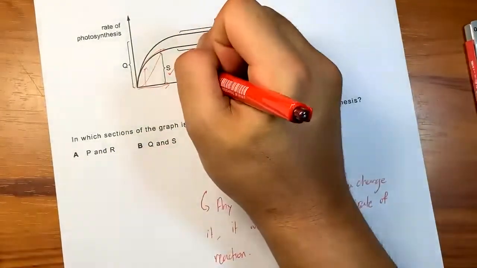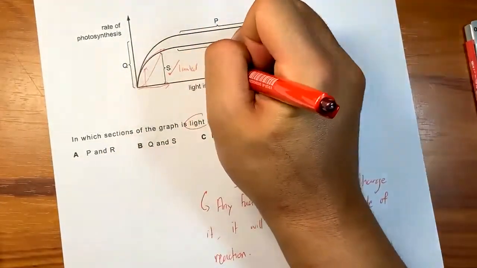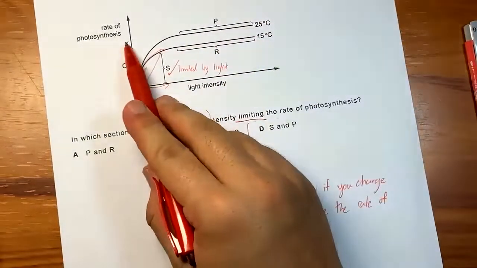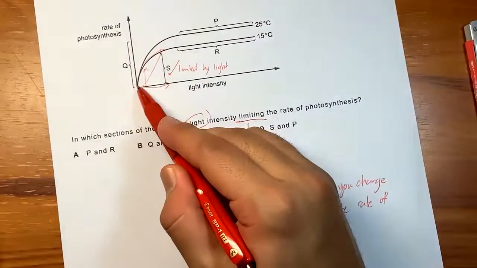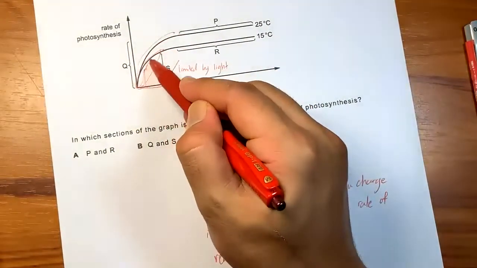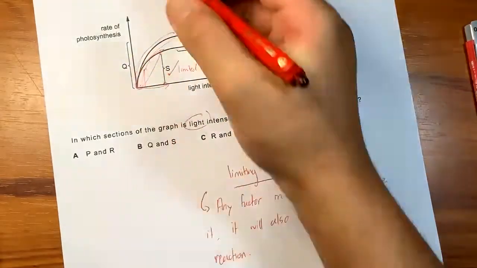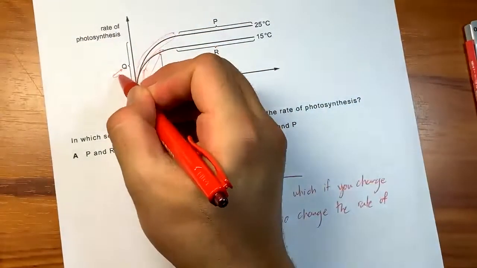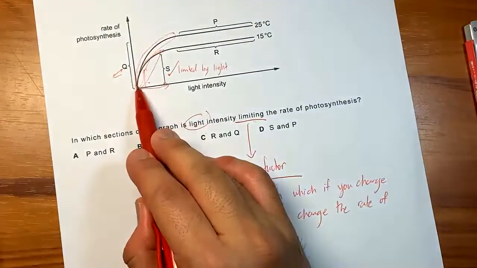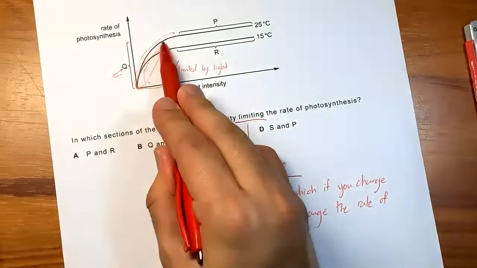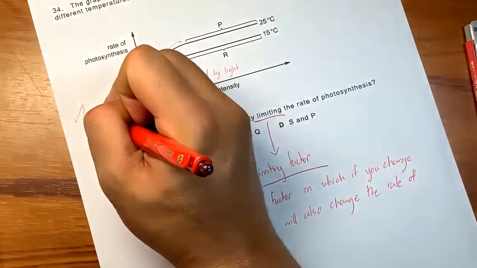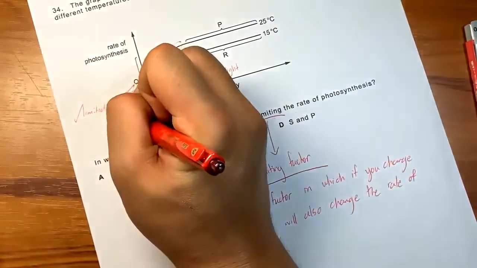It is limited by light. The same thing with Q. This is the curve for Q. If you increase the light, the curve for Q also increases. So it is also limited by light.